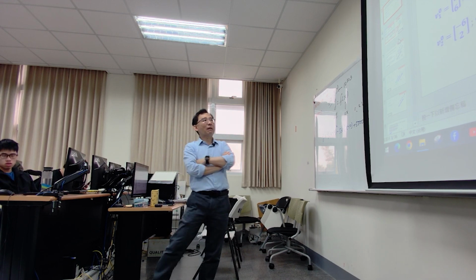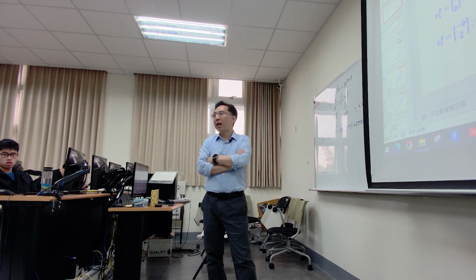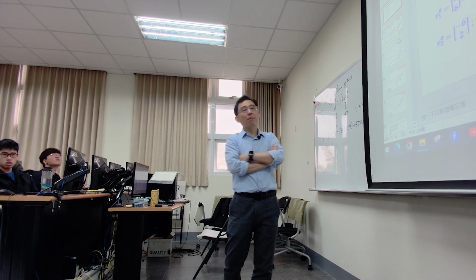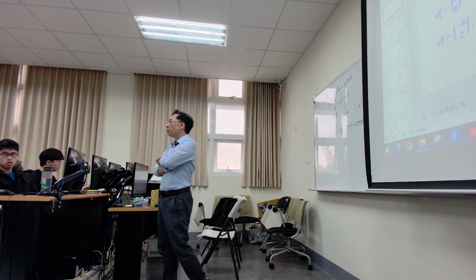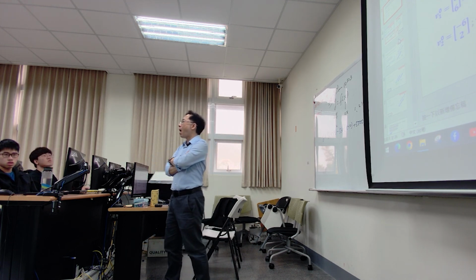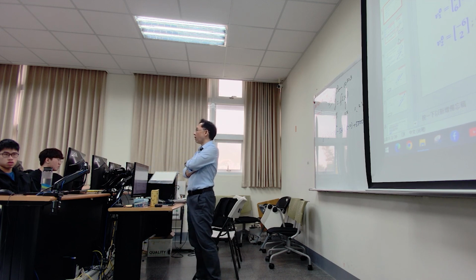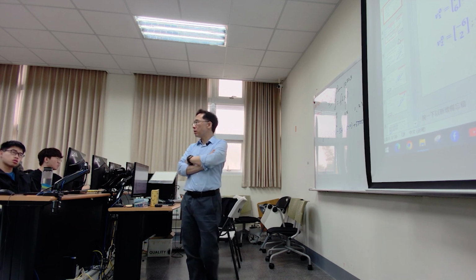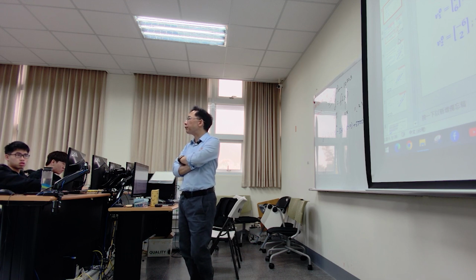Originally they give you a position P. Actually P0 and P1 are the same point in space. But as I mentioned, what does the upper scale mean? P0 stands for observing from frame 0.